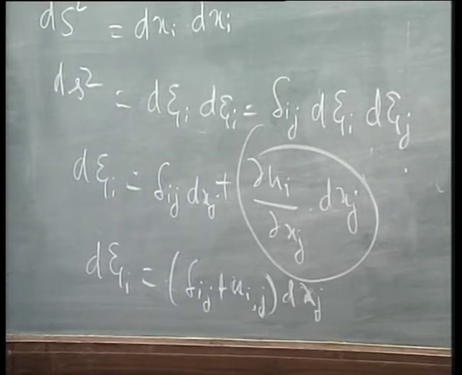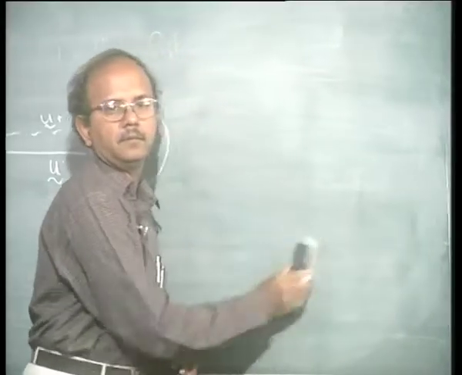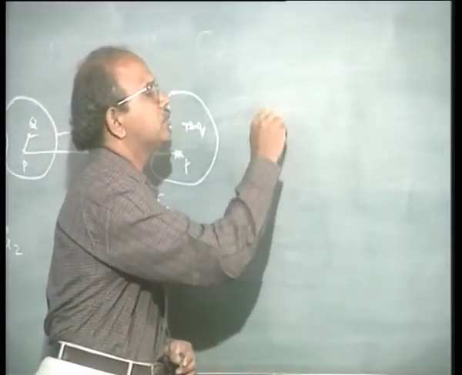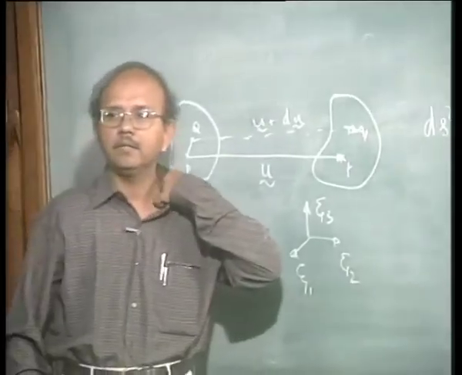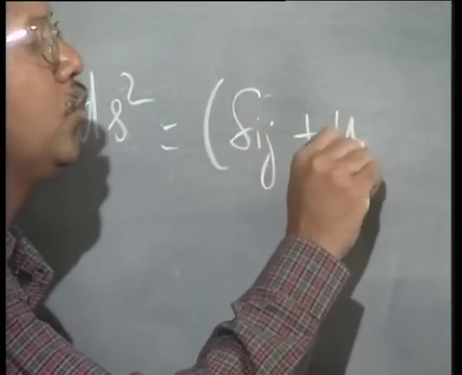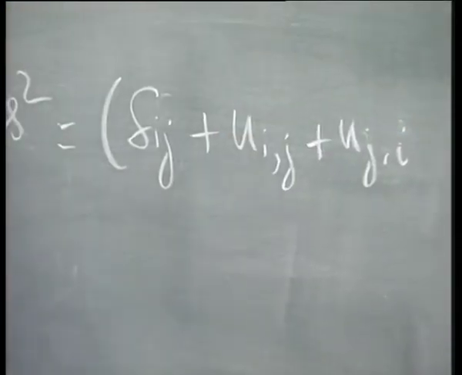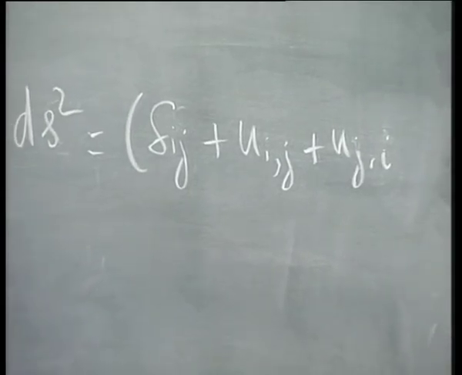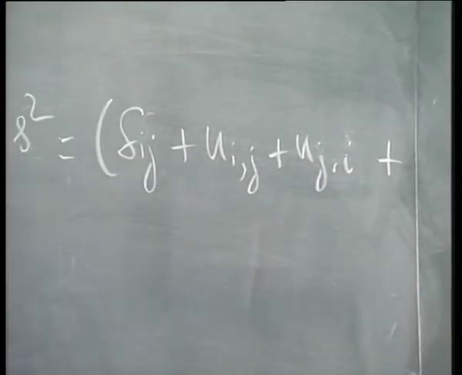Okay, let me write that result. Hence ds squared is equal to delta ij plus ui comma j plus uj comma i plus uk comma i uk comma j dxi dxj. Note this carefully, I hope you remember, comma means dou ui by dou xj.